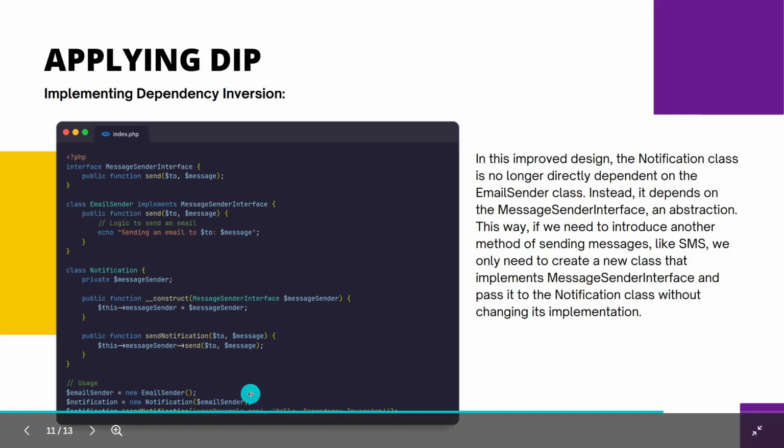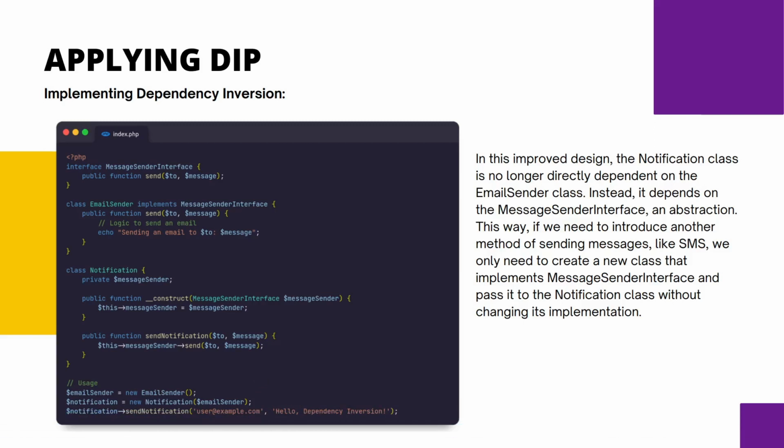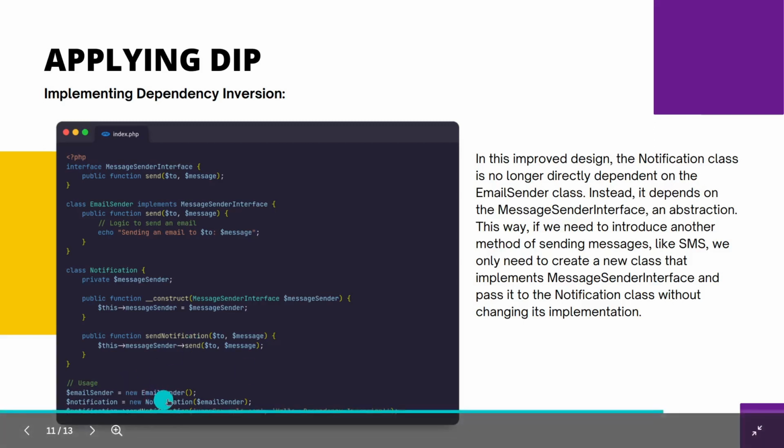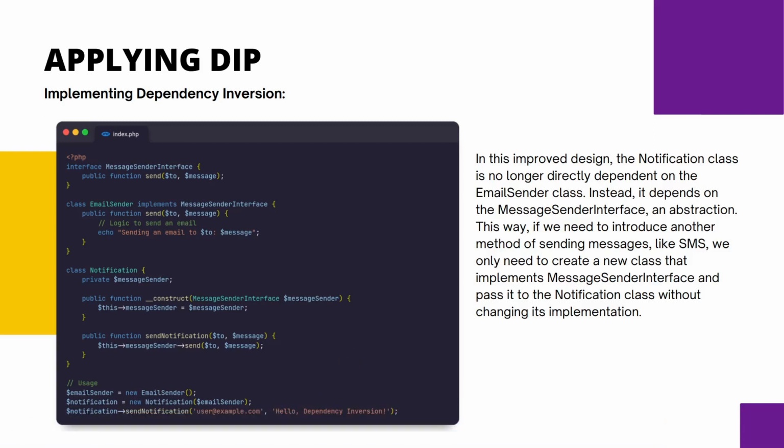So how to use it? Here we can see the email sender. We will instantiate a new email sender. We will instantiate the notification, new notification, and we will pass to the constructor the way that we want to send this notification. In this case, we are passing the email sender.